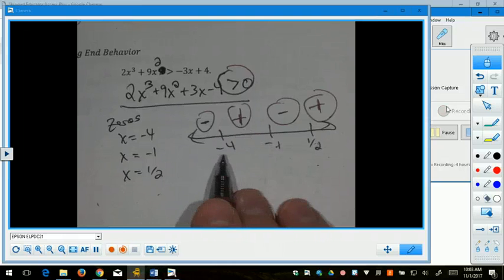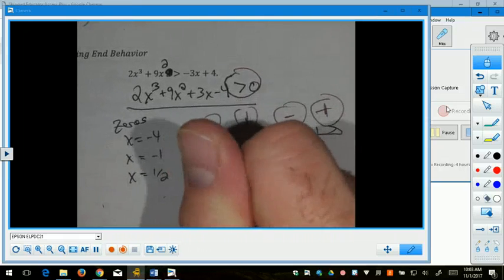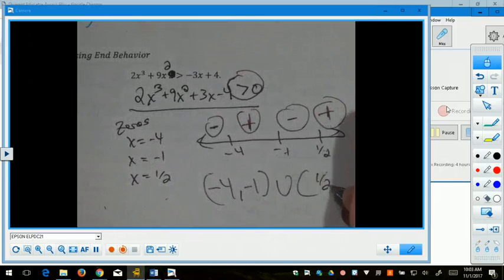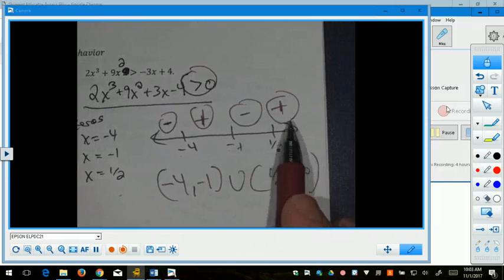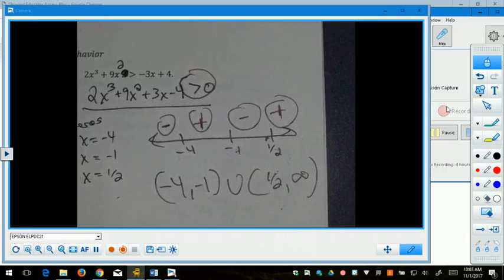We would have from -4 up to -1, but not including either of those, joined with 1/2 to infinity. Because anything to the right of 1/2, those domain values of x will lead to a positive height on the graph. Any questions on that one?